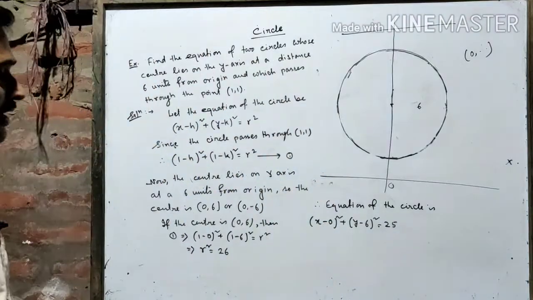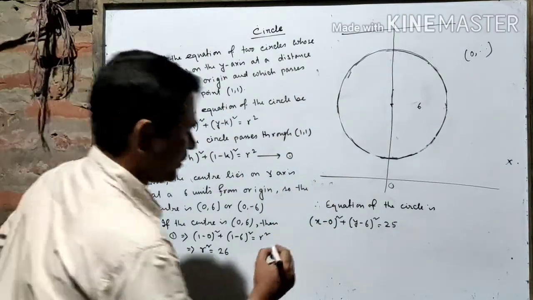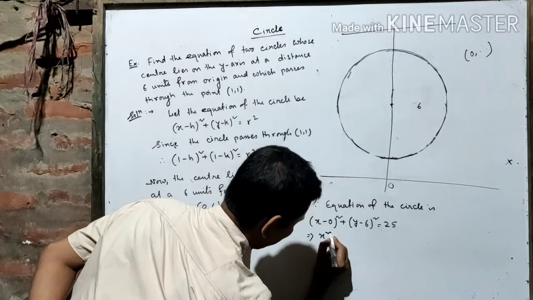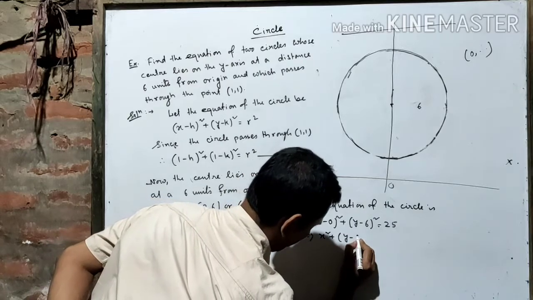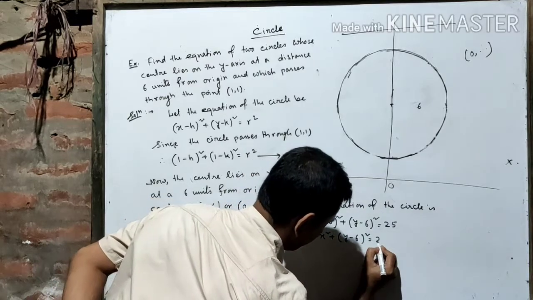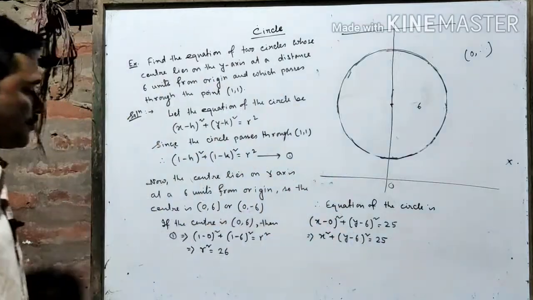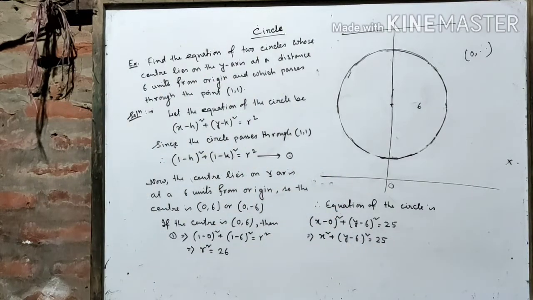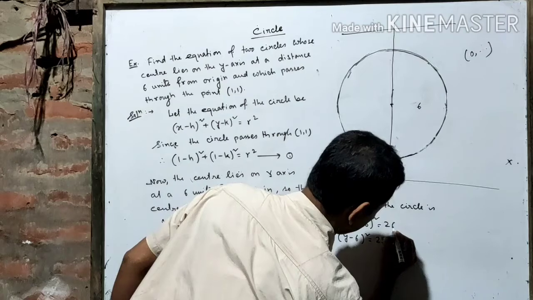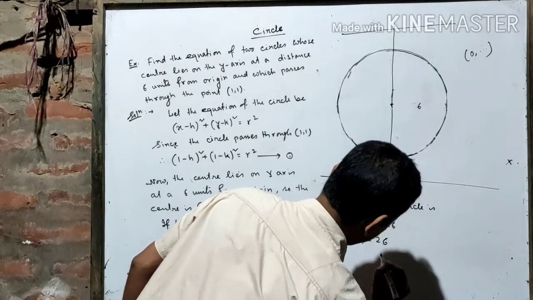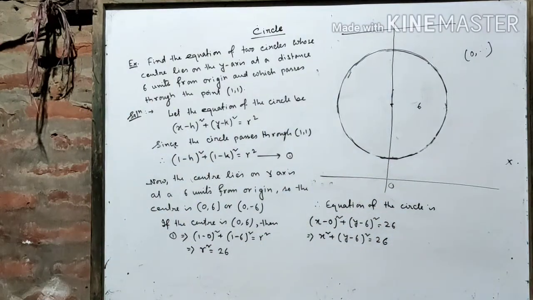Okay, that means x square plus (y minus 6) whole square is equal to 25. Sorry, 26. R square is 26.